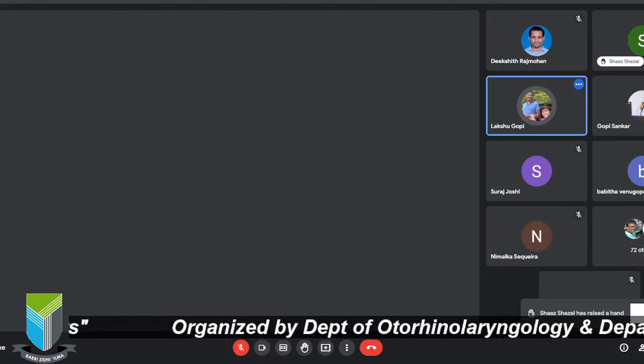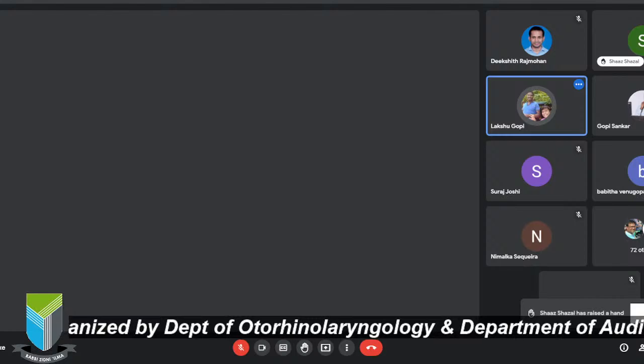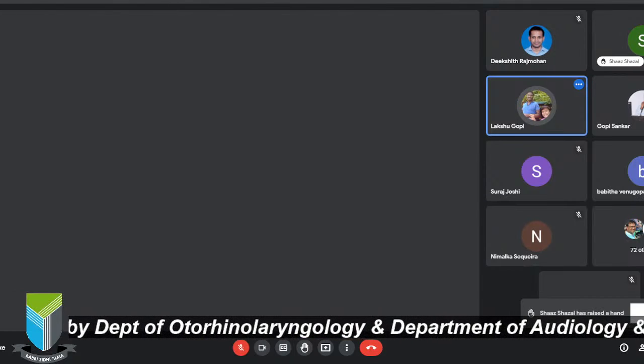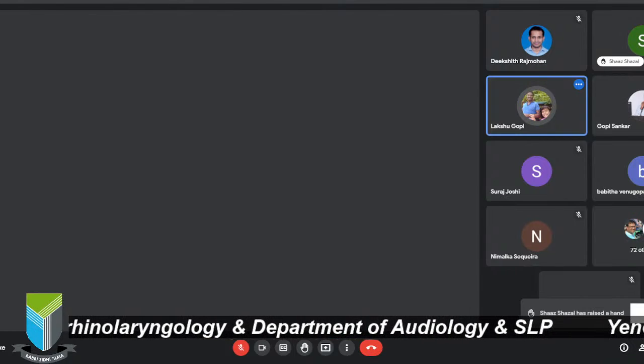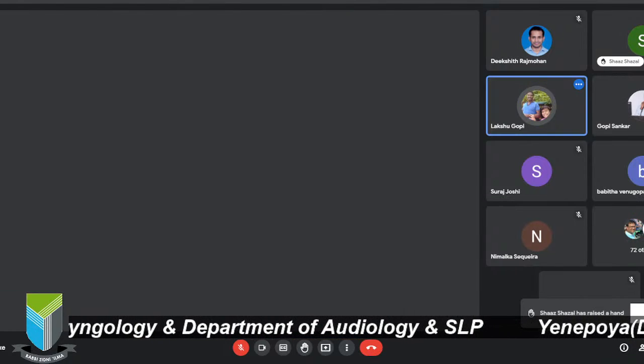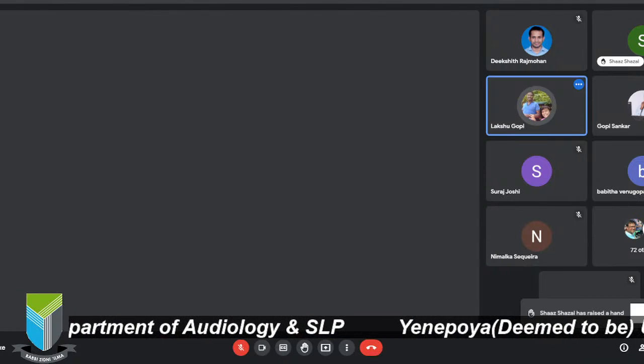I am interested to see what my fundamental frequency is, what my intensity level is. I also would like to see my jitter and shimmer ratio, and I wanted to know my HNR, that is harmonic to noise ratio, in my voice.